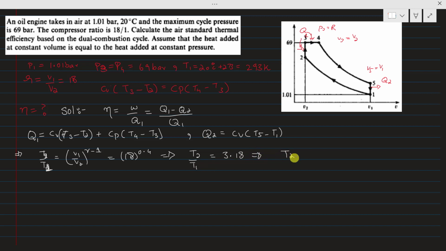Multiply that with T1, which is 293, to find the T2 value. So you will get the T2 temperature, that is 931 K.